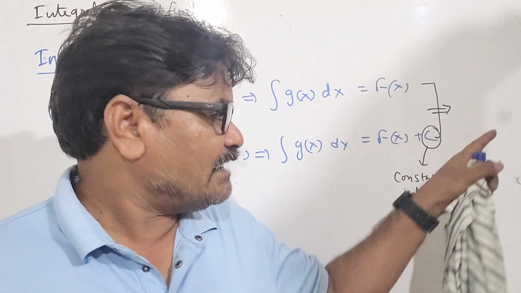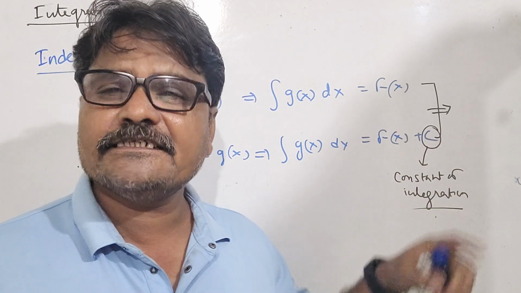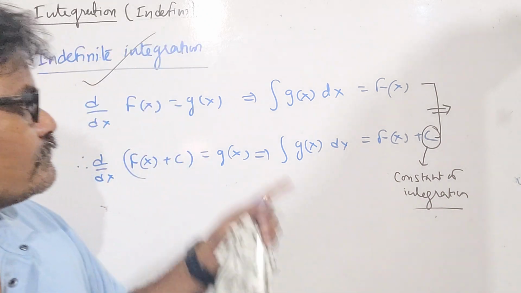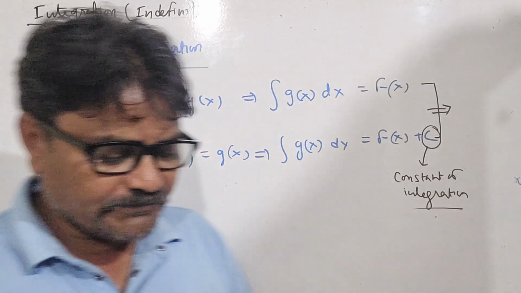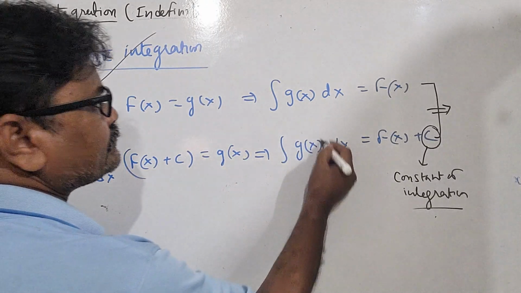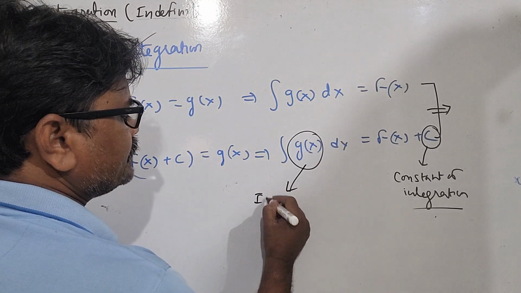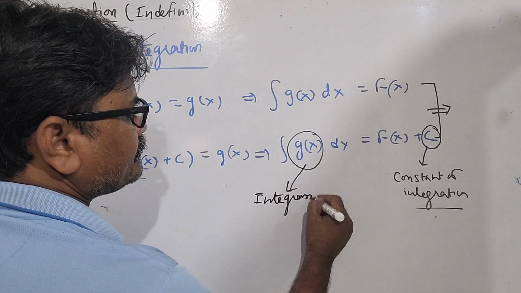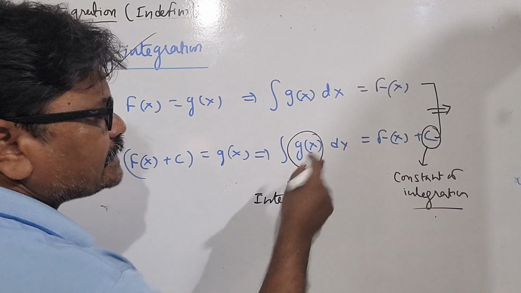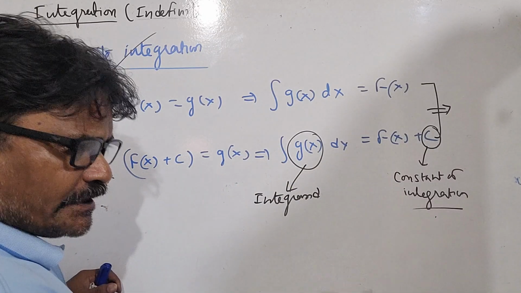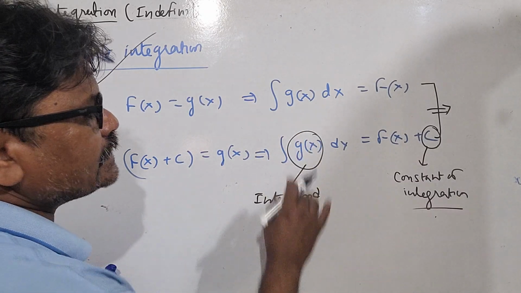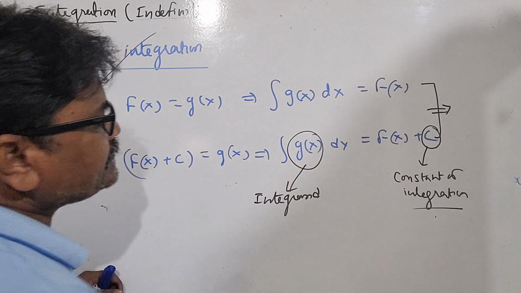Here, g(x) is the integrand. Integrand means the function which is to be integrated. And dx represents the differential of x, showing that we are integrating g(x) with respect to x.